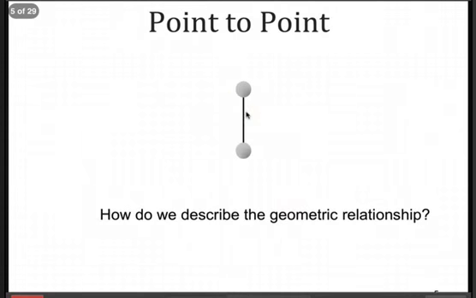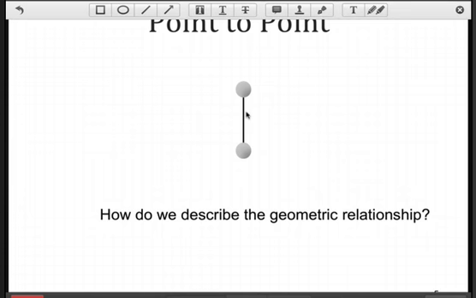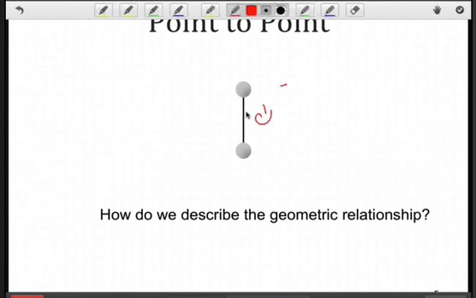So let's look at some simple ways to control that motion. The simplest way is to have some point-to-point relationship. Point-to-point is kind of like the Earth in orbit around the sun, right? So we have some distance here, and that distance is maintained.